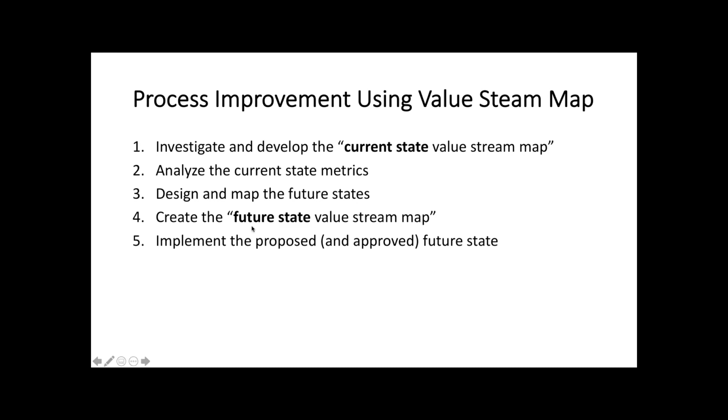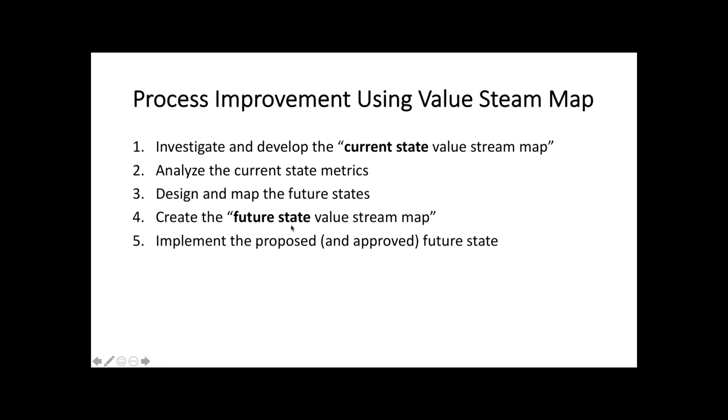And we develop a new value stream map that represents the future state of the system. And this actually is the mode of communication. Once you have a team that helps you to develop the current state of the value stream map, then you develop the future state map by using the team.